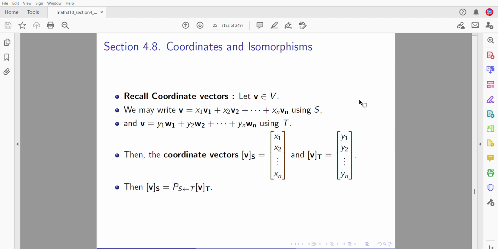The purpose of the transition matrix: you see that transition matrix from T to S, multiply it to this coordinate vector, and it turns out you get this coordinate vector. That's the purpose of the transition matrix. A coordinate vector from T gets changed to a coordinate vector in S.